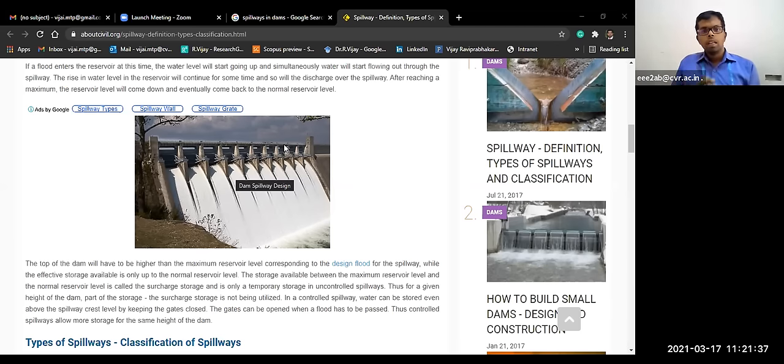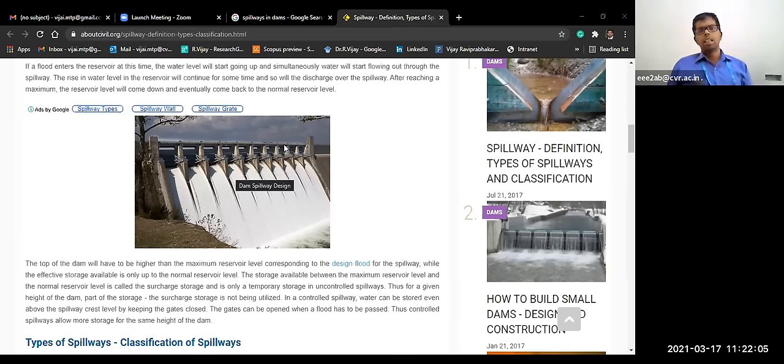It causes a very huge loss. They blasted the whole spillways so that everything opened, and the water flowed to a river and after that to the sea. Like that also it happened.